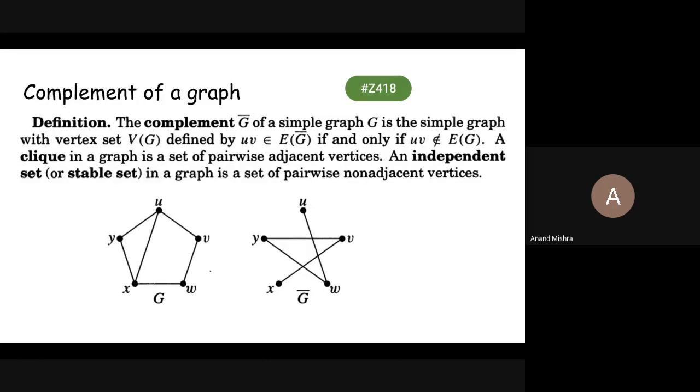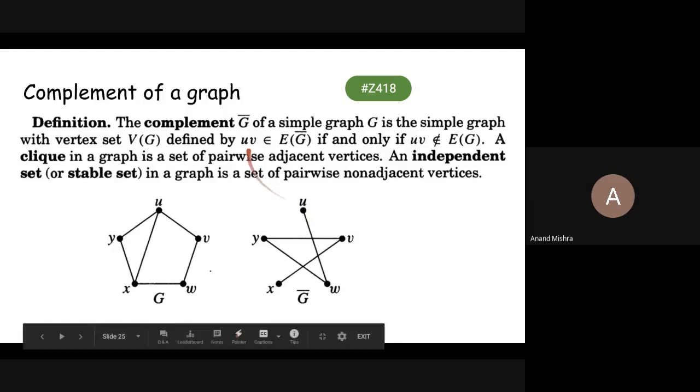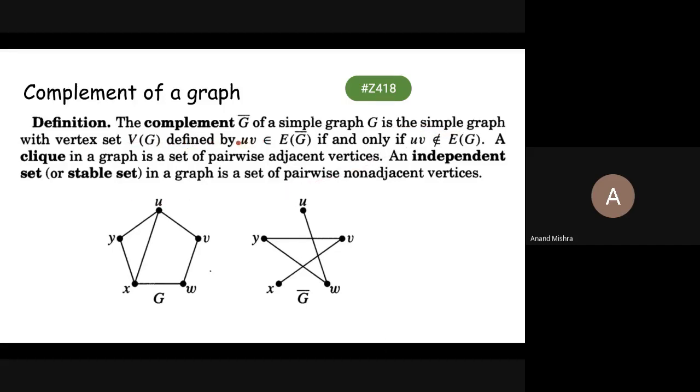Right. So now, complement of a graph. Another definition, another simple concept. Complement of a graph is denoted as G bar, of a simple graph G, with vertex set V, where UV is an edge of G bar if and only if UV is not an edge of G. What a complement graph is, is very simple.